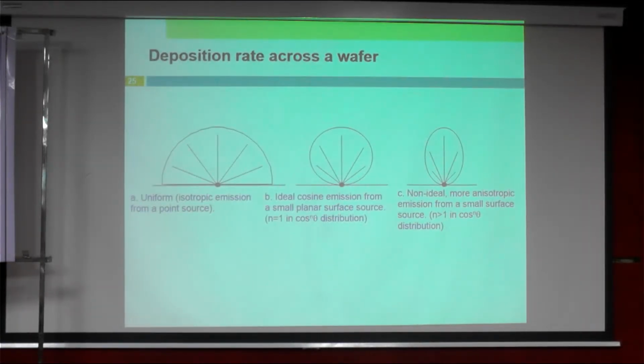This is another example, uniform isotropic emission from one point. This is how you can get perhaps a more homogeneous thickness. Okay.